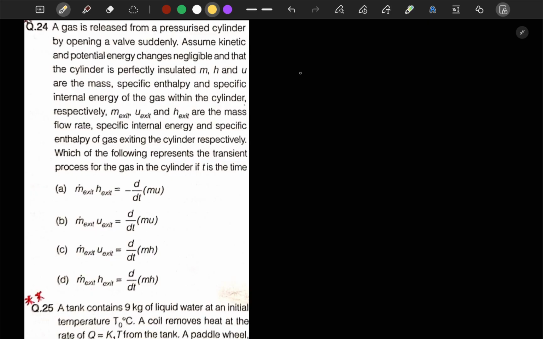Okay, so it is mentioned that there is a pressurized cylinder, and suddenly a valve is opened, so the gas will be released from this.